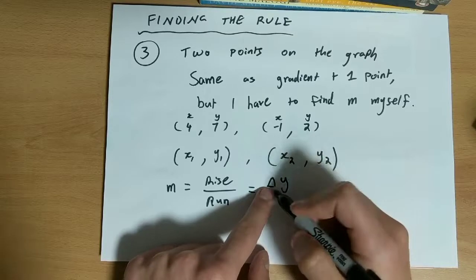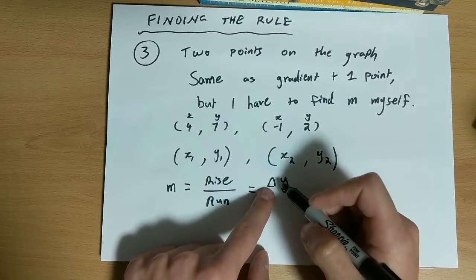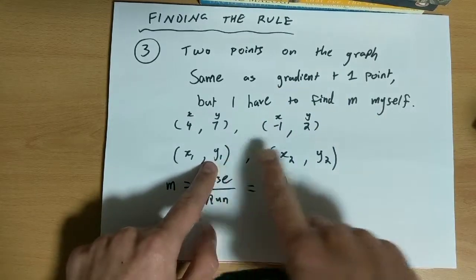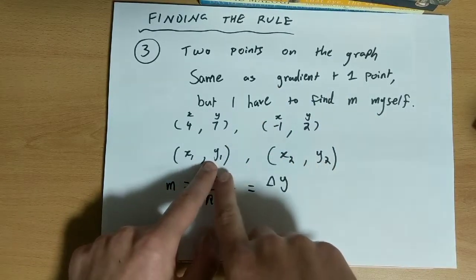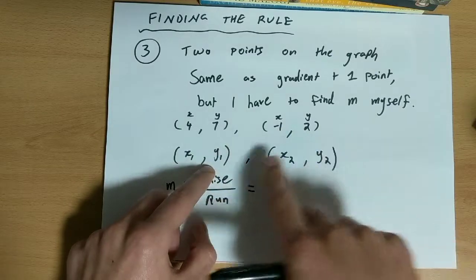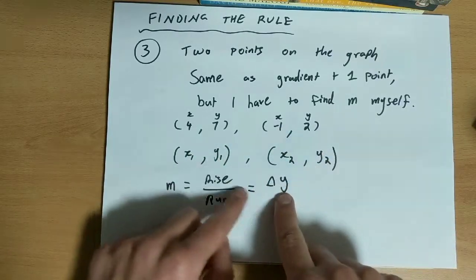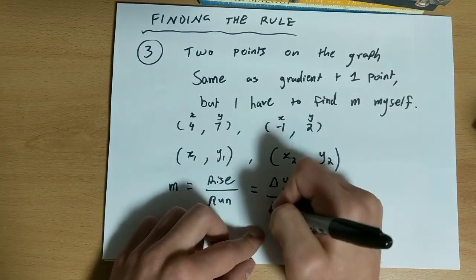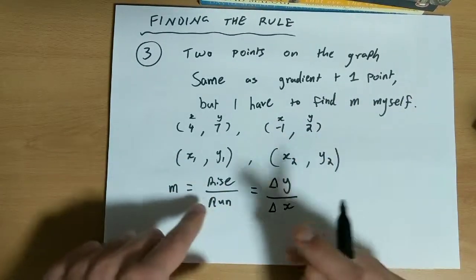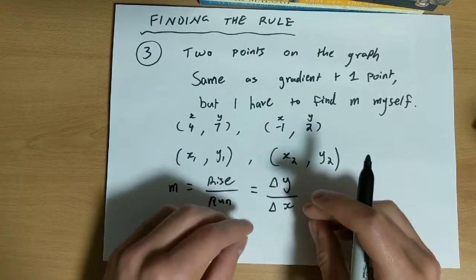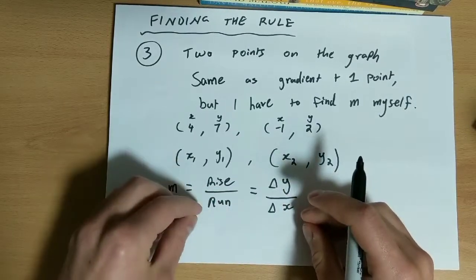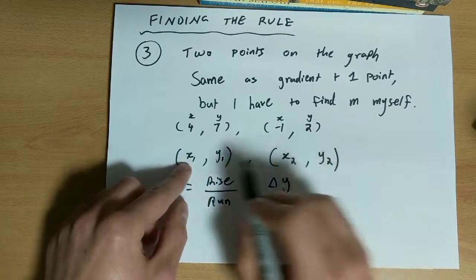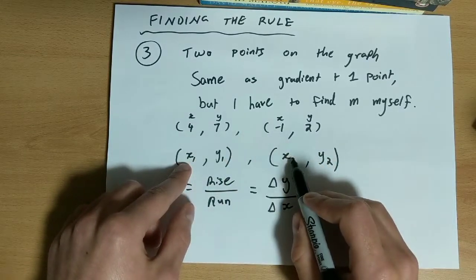Okay, so delta y is how I would say that, and it means the change in my y values. So going from this y to this y, how much has my y value changed? What's my change in y? That is my rise, and I'm going to divide that by, of course, the change in my x value. So I'm just writing that as another way to think about rise and run. Rise is how much does my y value change, and run is how much does my x value change.